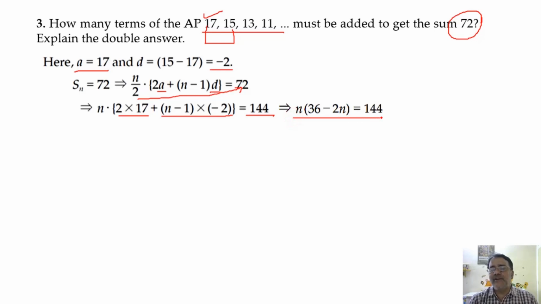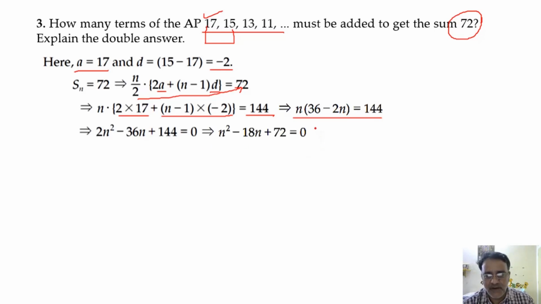So we get one quadratic equation: 2n square minus 36n plus 144 equals 0. Now divide all the terms by 2. What you will get? n square minus 18n plus 72 equals 0.